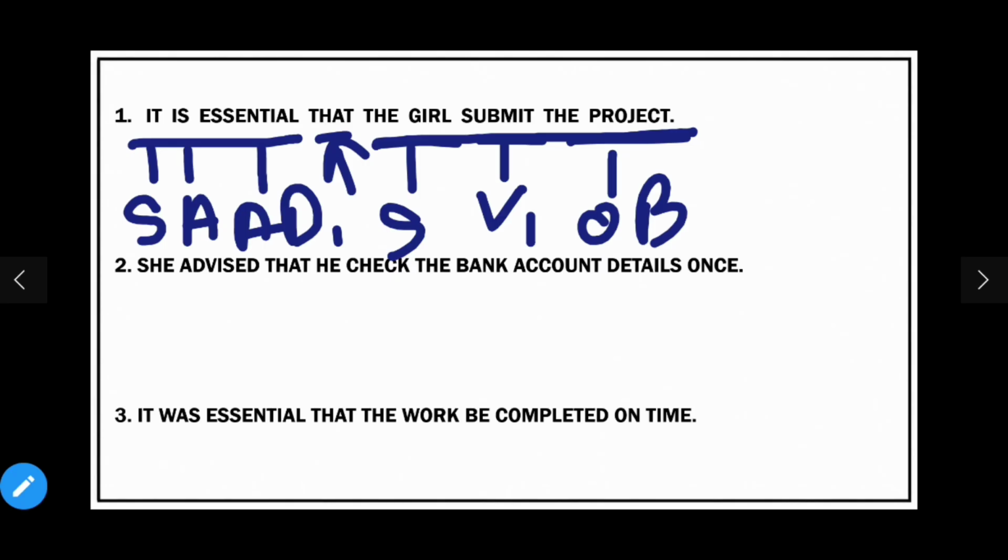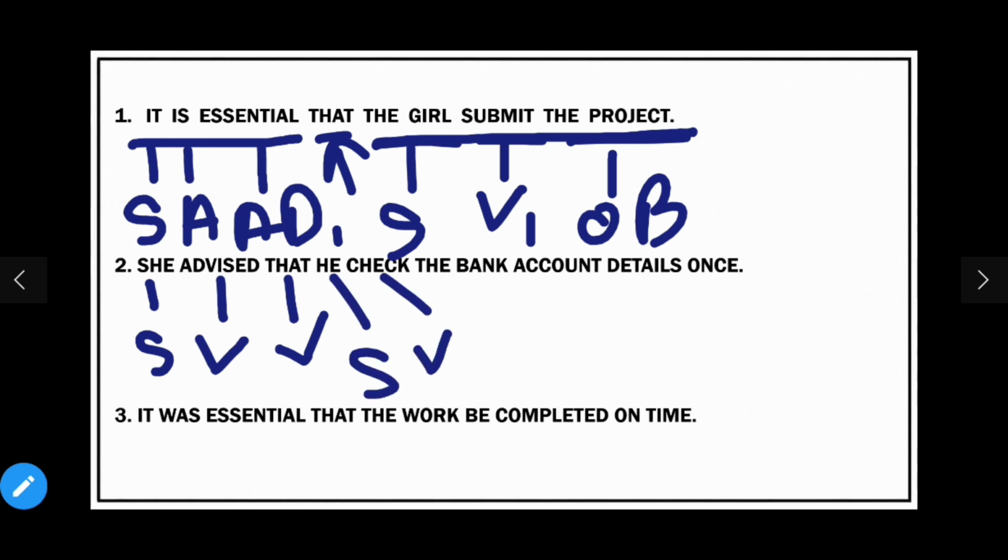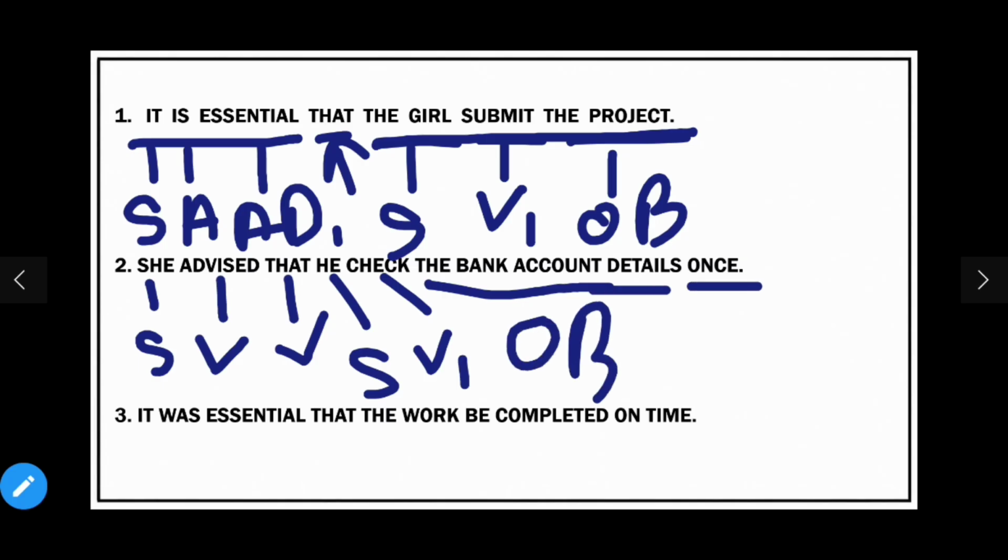In the second example you can say the same thing: subject advised, that is the special verb form for subjunctive mode, then that, then he which is subject again, then check V1 form, the bank account details which is object, and wants which is adverb.